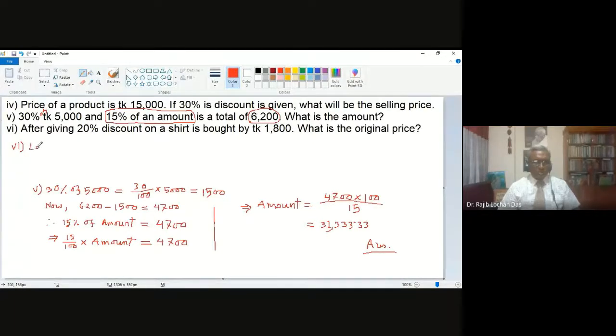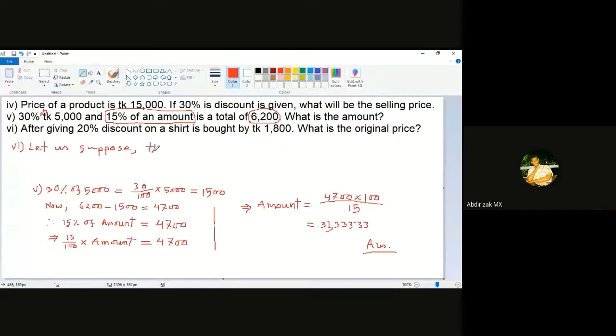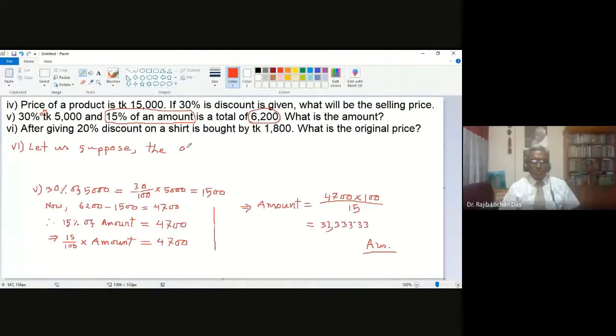So let us suppose, okay, let us suppose the original price was X. Okay, so what will happen now?